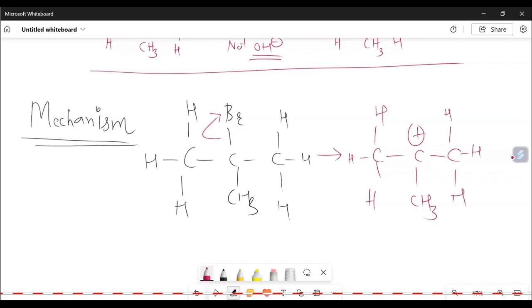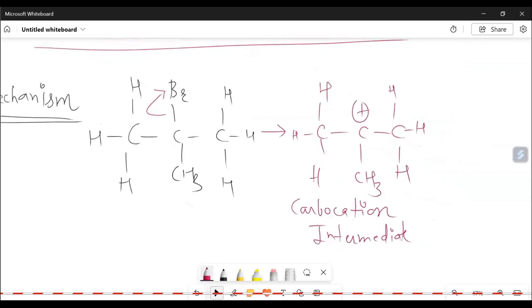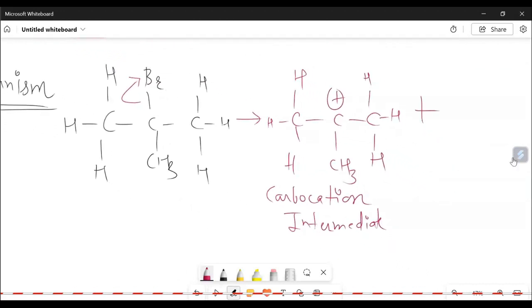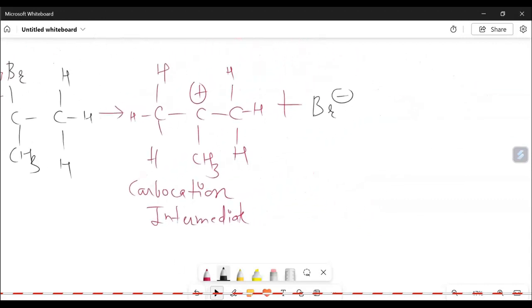So this became your carbocation intermediate. Along with it, the Br that separated took its electron with it, so it is Br minus. Now what will happen? The OH minus will attack.